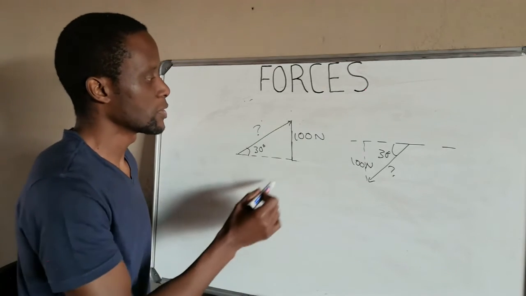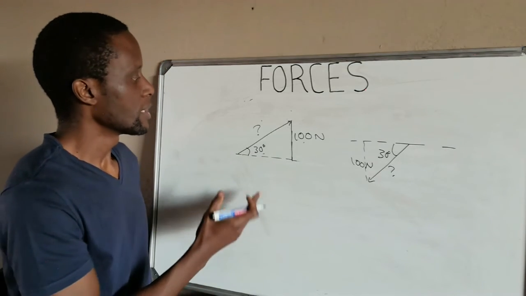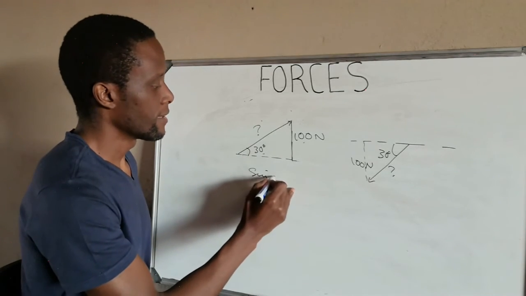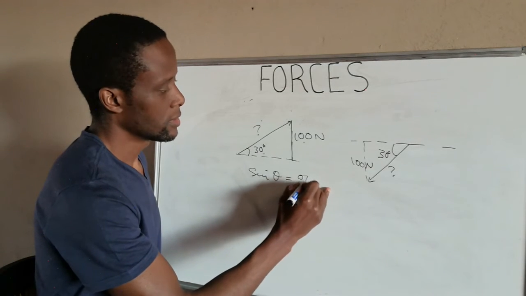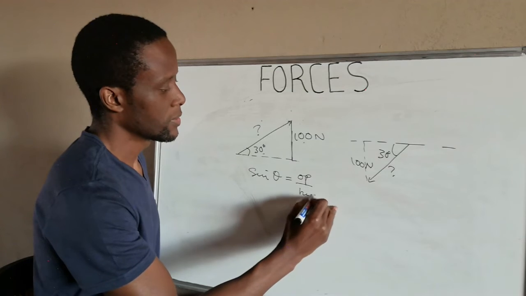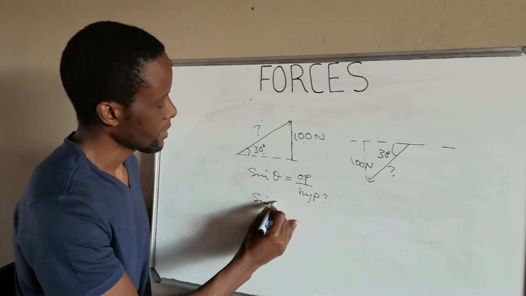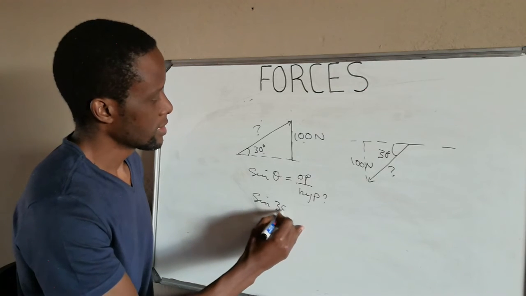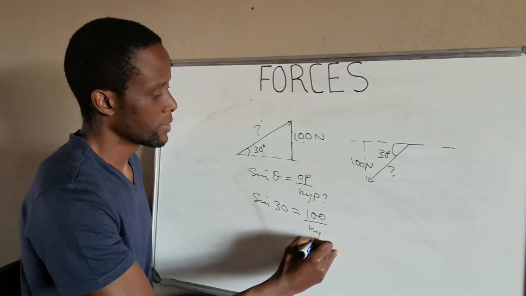We are looking for the hypotenuse. We have the opposite to the angle. The trig ratio that we'll use is sine, opposite over hypotenuse. Our hypotenuse is what we are looking for. Sine 30 is equal to 100 over our hypotenuse.